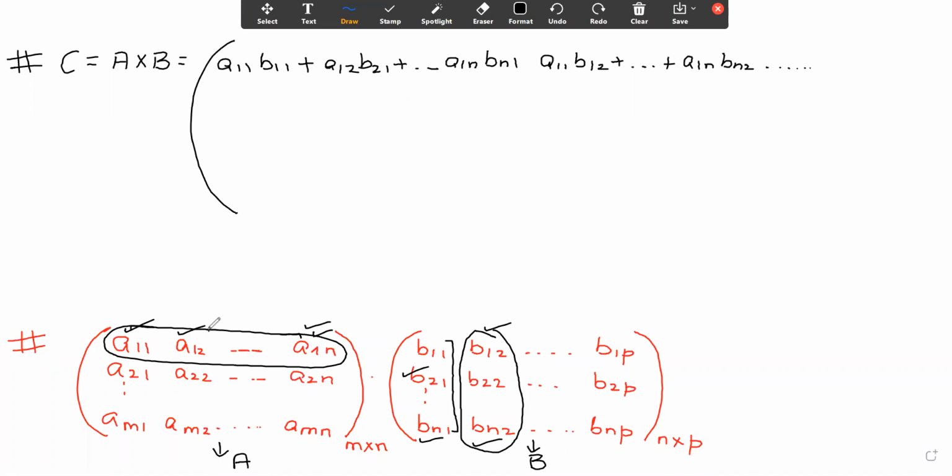And now I will multiply the first row with the last column. So what will that give me? A11 into B1p plus dot dot dot A1n into BNP.